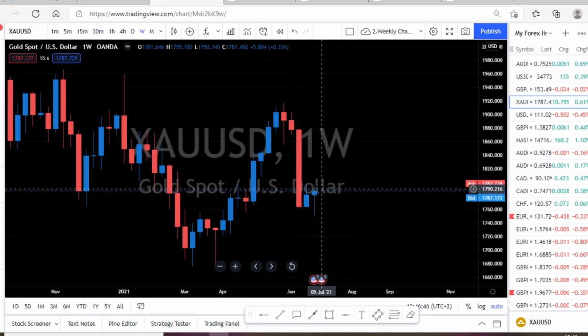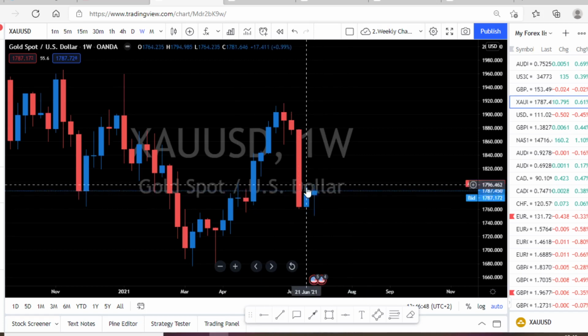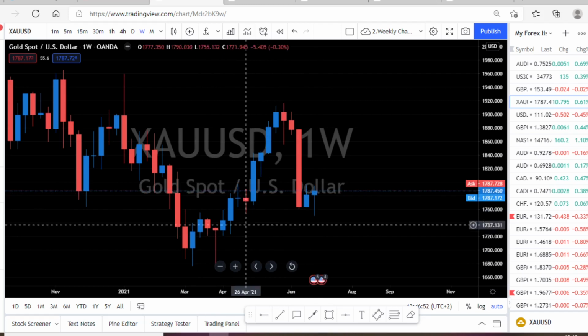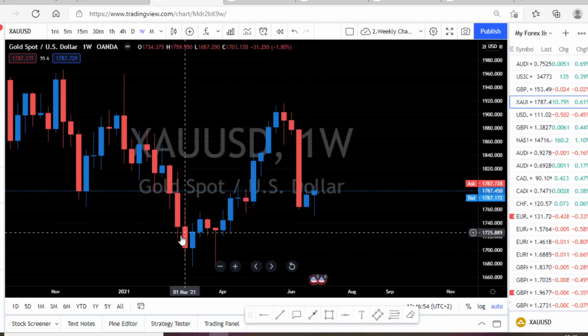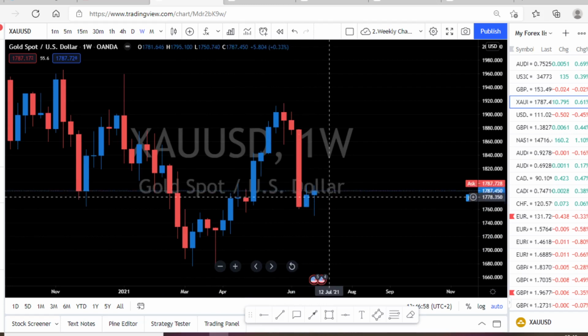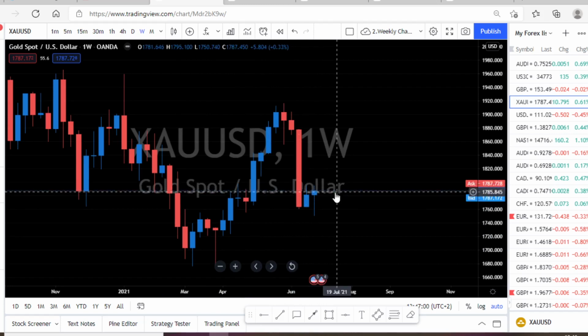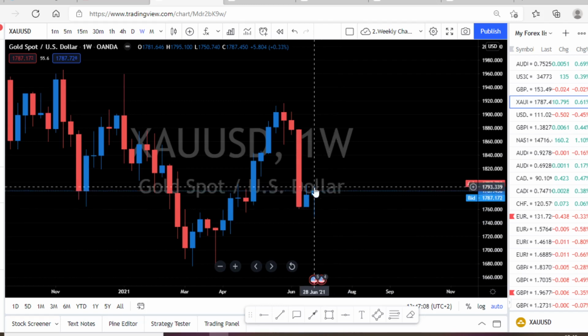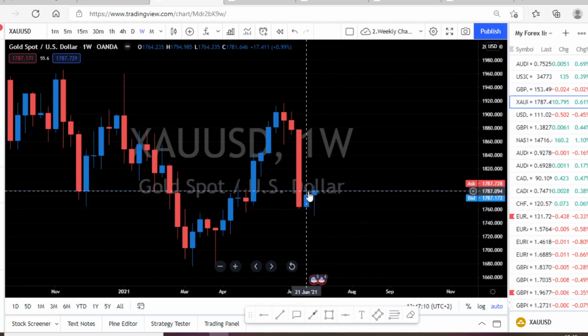If this candle was on a resistance, maybe like these two candles right here, then there's more probability for price to go down. But I'm not saying that the price cannot go down from where it is at this point.